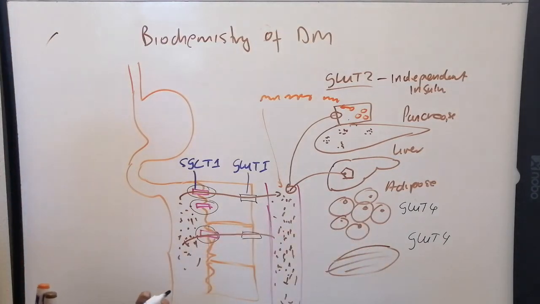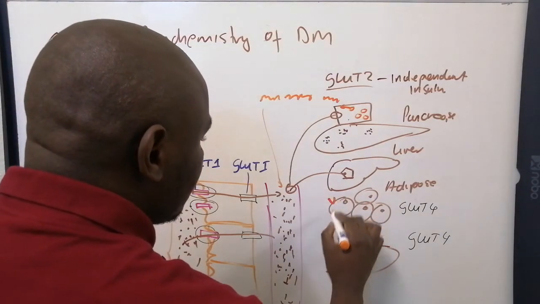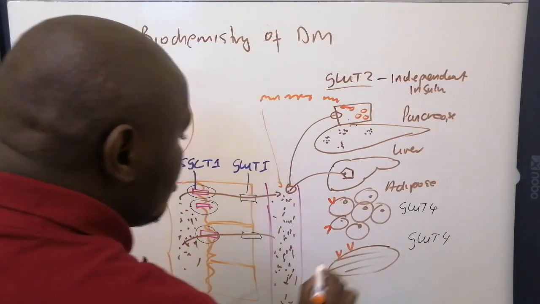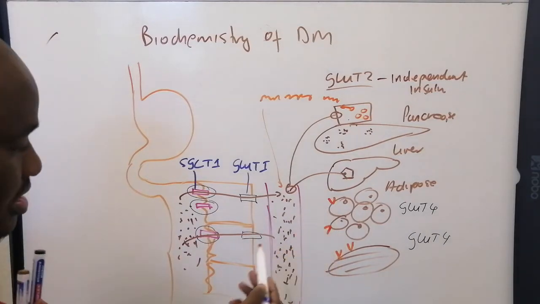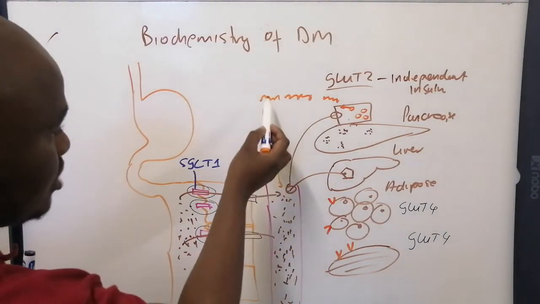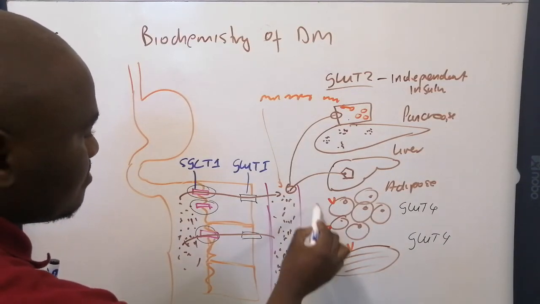They are kept inside. Once insulin comes and binds to its receptors, insulin receptors, so the V shape is trying to show insulin receptors. So the insulin will come and bind on these receptors.